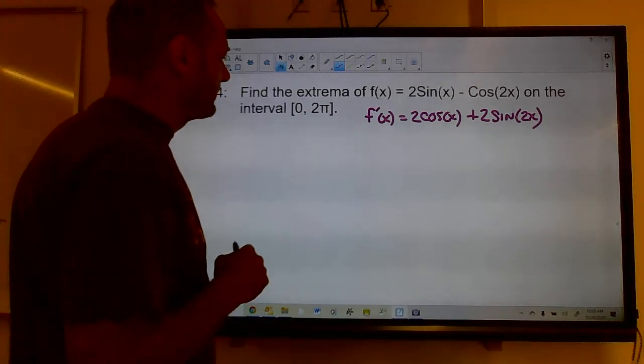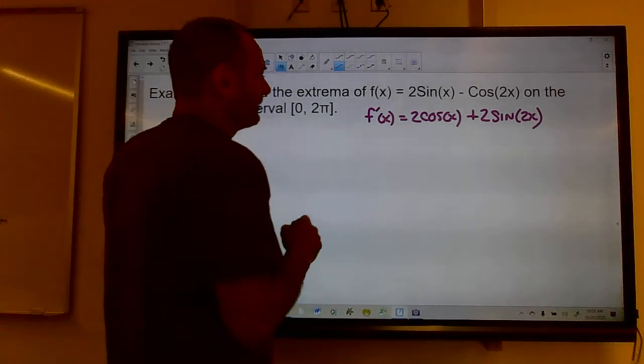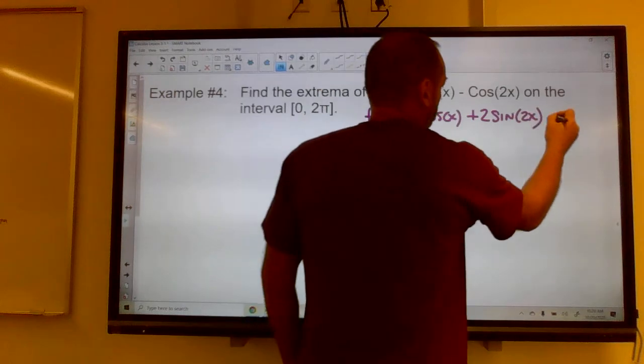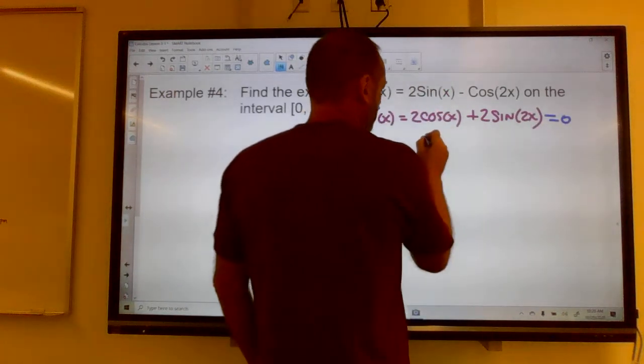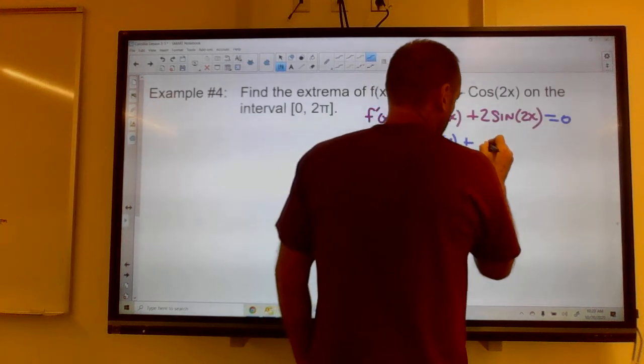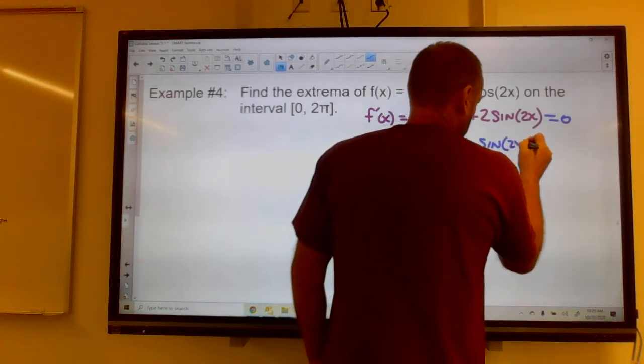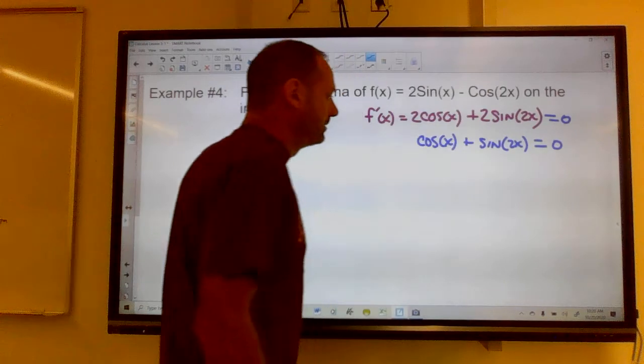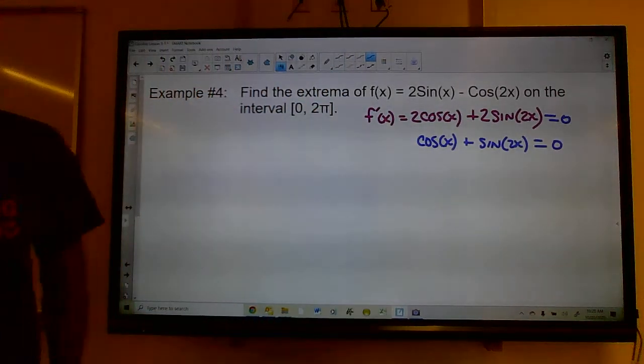Okay, so let's see. We can set that equal to 0. We can divide by 2, so I get cosine x plus sine 2x is 0.